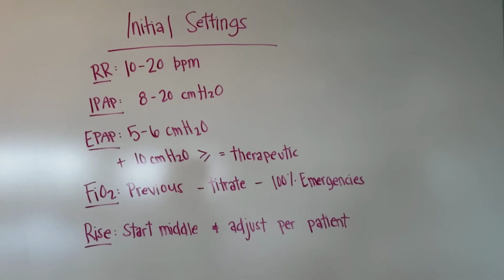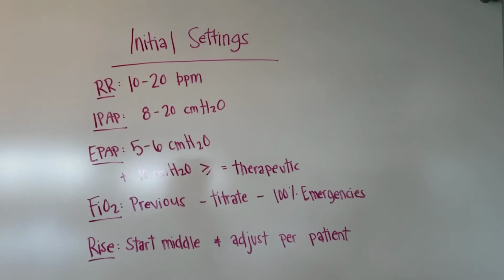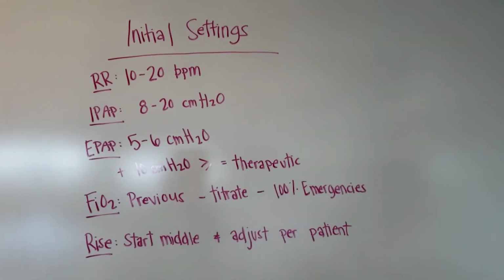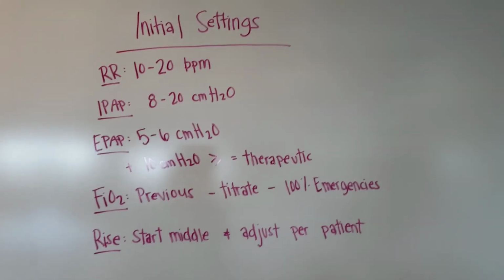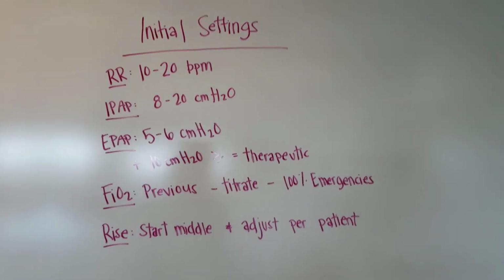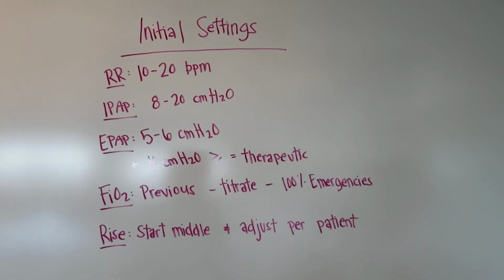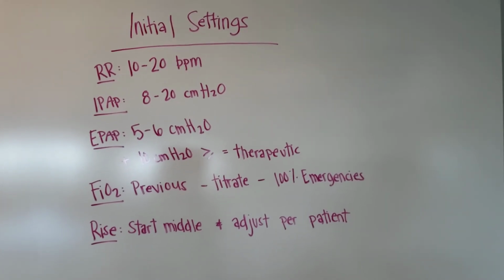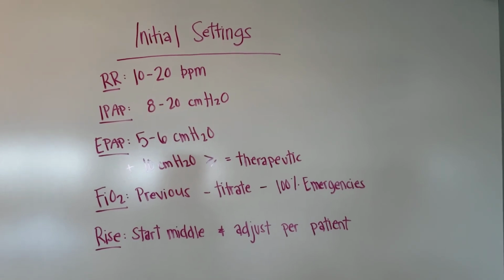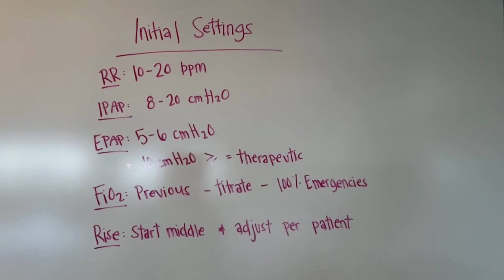So some indications why we would place a patient on BiPAP would be acute respiratory failure. This is becoming very common, to treat patients non-invasively over just a knee-jerk reaction of going to intubation. Because if we can avoid an intubation, then that is a success for that patient.